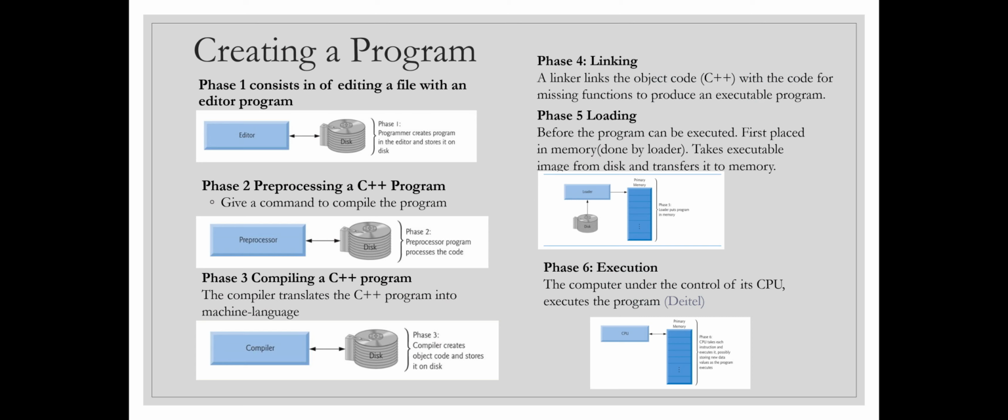The loading places the image into memory and transfers it to the memory. And the execution happens when the program has been checked, nothing is missing, and it can now be executed.